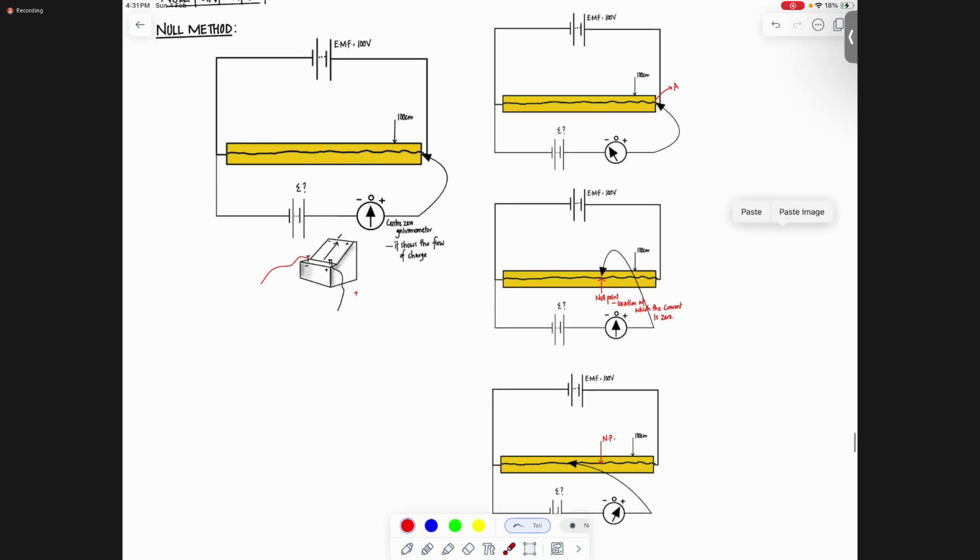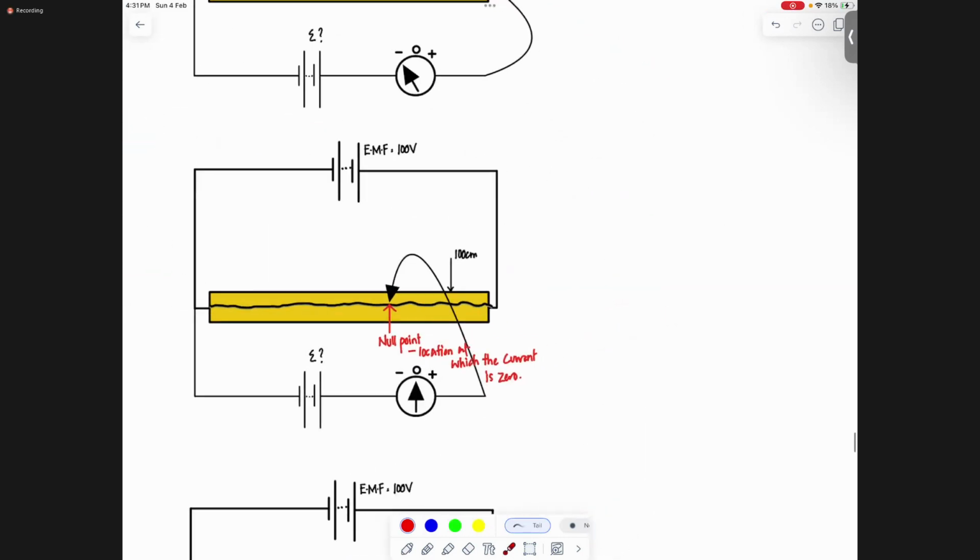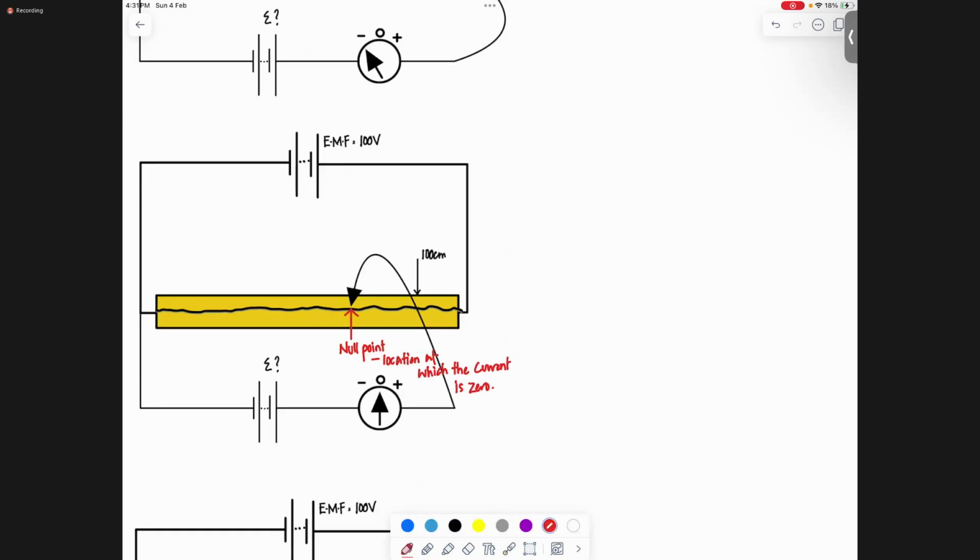Right, so how to find the EMF? Let me explain; this circuit is our main concern. Can anyone tell me, if I have a circuit like this, with a battery like this and another battery here, are these batteries in the same direction or in opposite directions? I drew the batteries; are they giving current in the same direction or opposite direction?